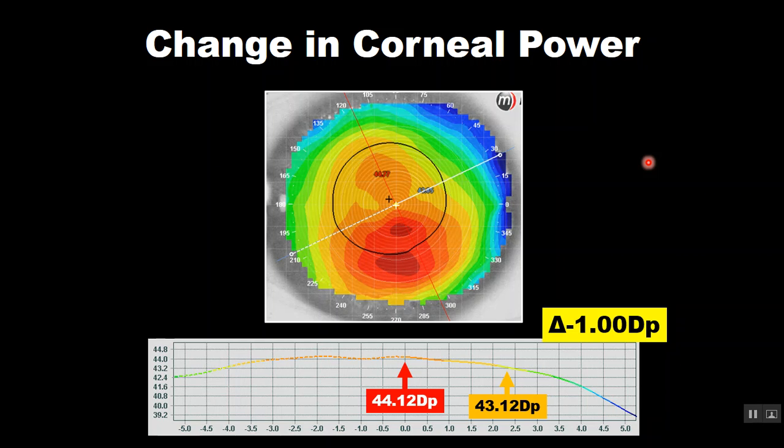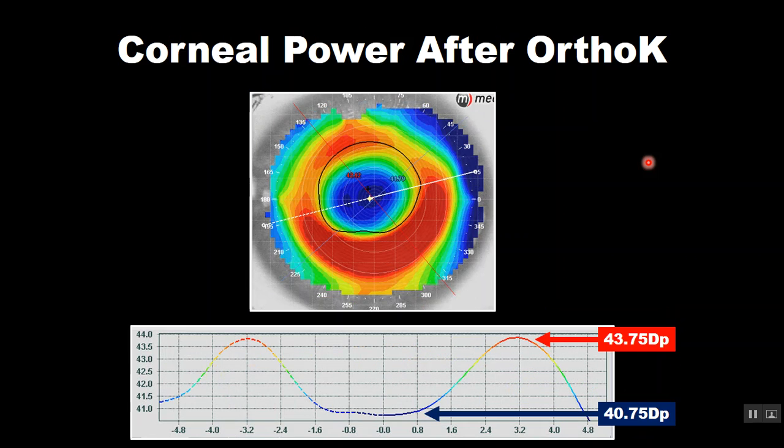So if we put the patient into glasses or soft lenses, we're going to lose power as we go away from center. If we fit the patient with Ortho-K, we create this reversal. The most minus in the center, most plus toward the outside. We actually create an increase in power moving away from center. We create more plus as we go away from the apex of the eye.